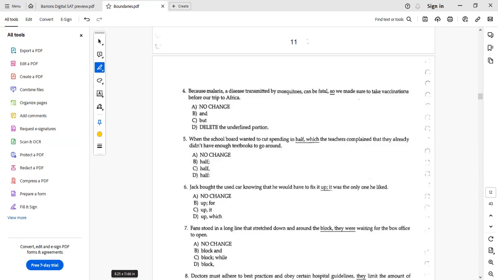Abdul Munam, 4 right, 5 right, 6 wrong, 7 right. Only number 6 wrong. Suhaib, 4 right, 5 right, 6 right, 7 wrong. Only number 7 wrong. Waiting for Dunya and Mesa. Yes, now right, Suhaib.